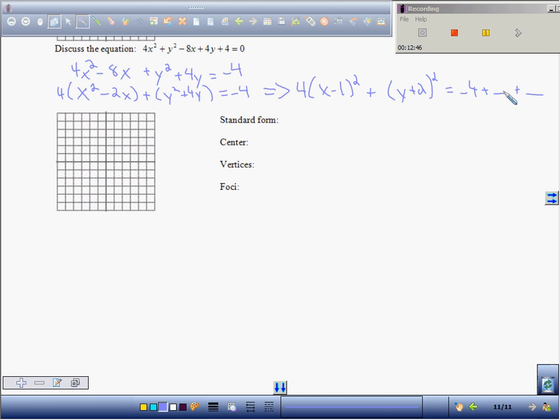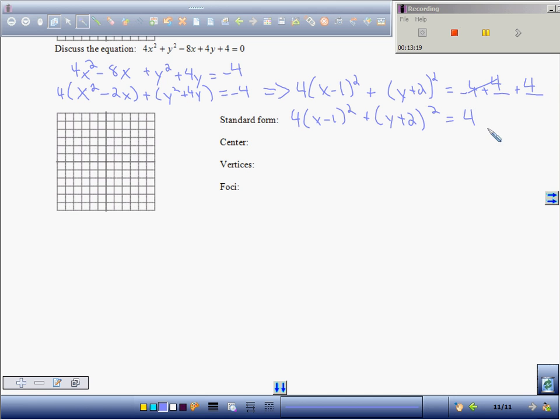So I've added 4. Over here, when I complete the square, that's a 4, so I've added another 4. When I simplify, I get 4 times (x minus 1) squared plus (y plus 2) squared equals 4. This cancels out, and I get 4.